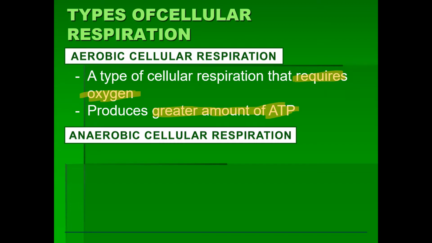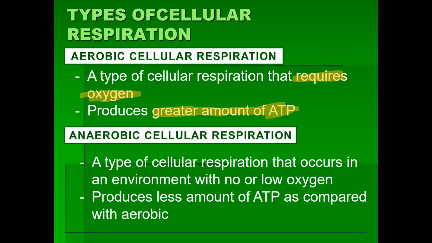Now, on the other hand, anaerobic cellular respiration is a type of cellular respiration that occurs in an environment with no or low oxygen. It produces less amount of ATP as compared with aerobic cellular respiration.